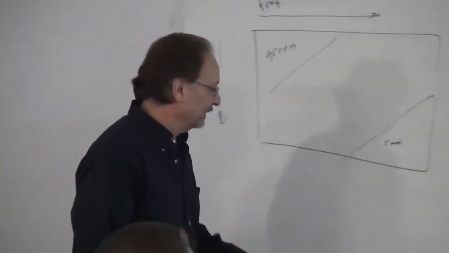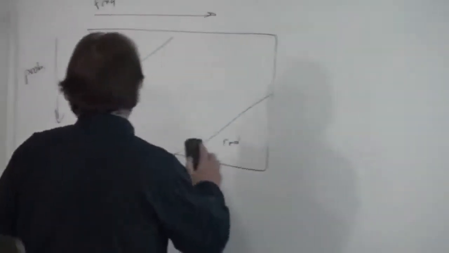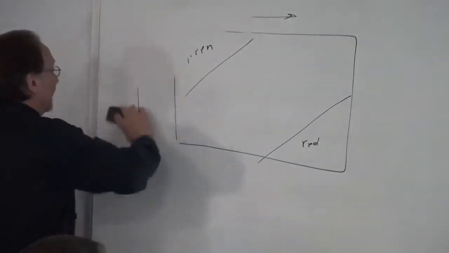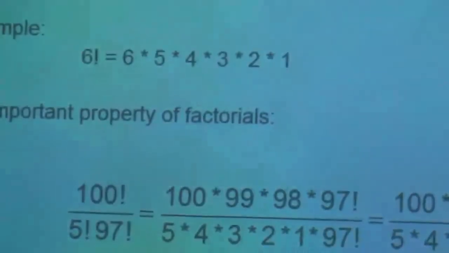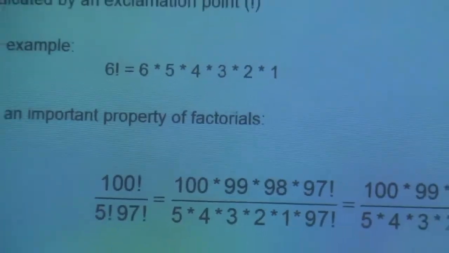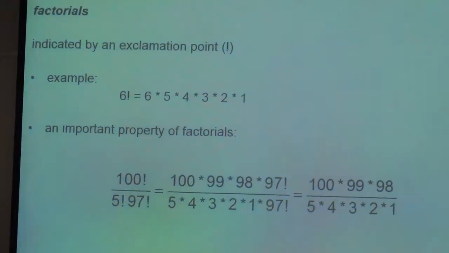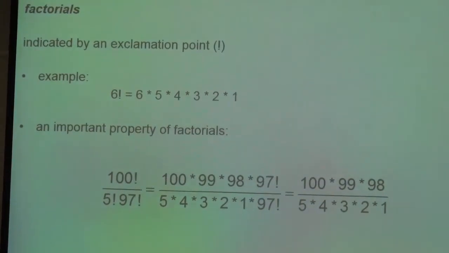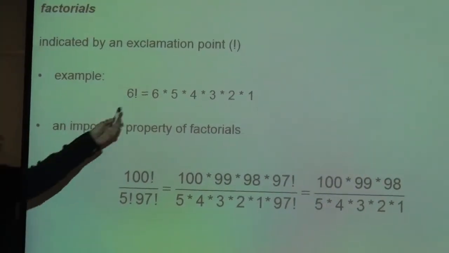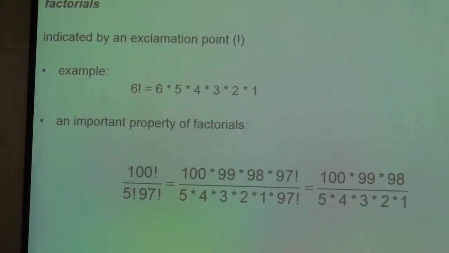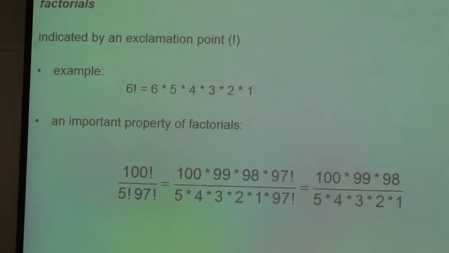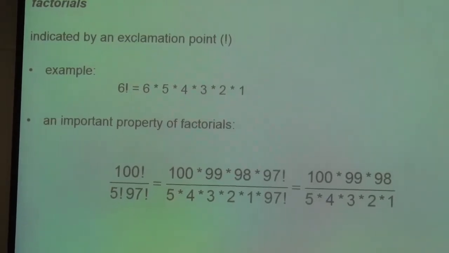Factorials. Another thing that seems to cause a lot of wailing and gnashing of teeth. And I talked about this a lot in QM last semester, but it's anything with that sign, you just multiply that number times everything less than it down to 1. And that's a factorial.